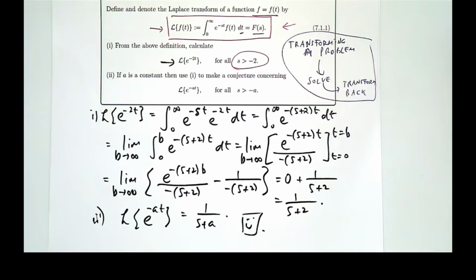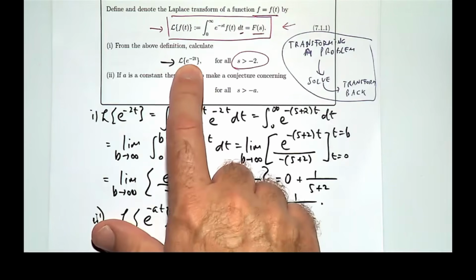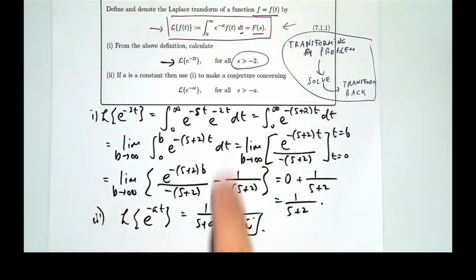All right? So the first thing we did was this exponential e to the negative 2. So what's the transform of that? Put that in there, multiply and integrate. The only thing we really had to remember was our Math 1131 improper integrals.